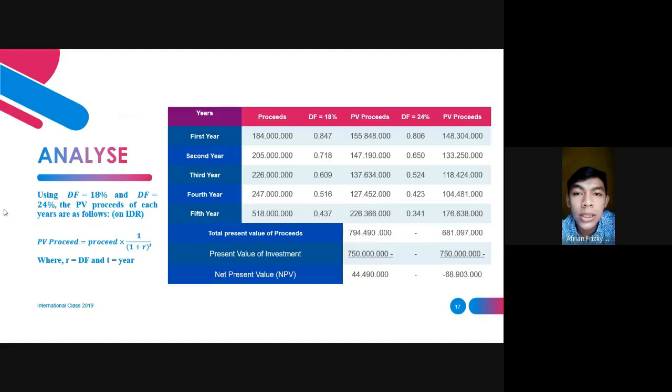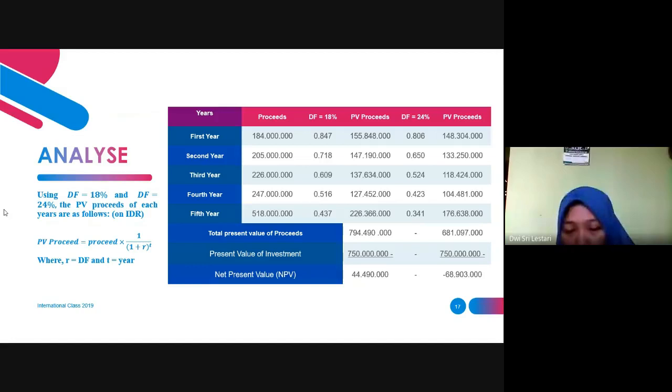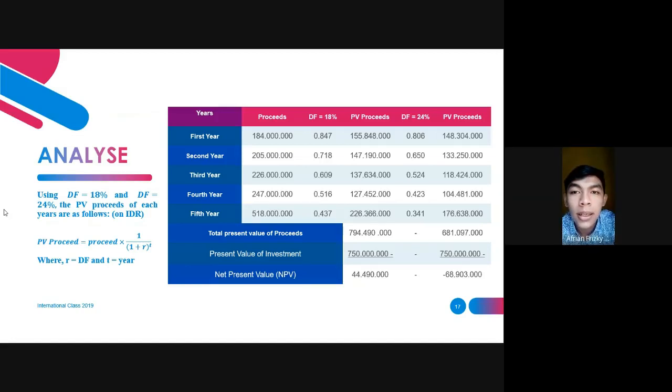And using the DF of 24%, we calculate 1 over (1 plus R) powered by T, where R is the discount factor of 24%, and we get 0.806.